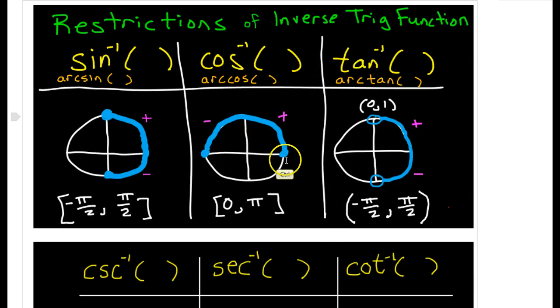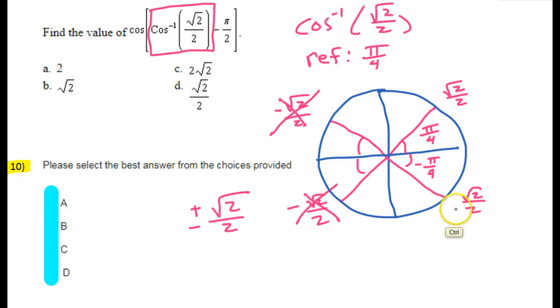So inverse cosine is only defined on the top half of the unit circle. So therefore, I can ignore the negative pi over 4 and just go with the positive pi over 4, all right, because we have to stay in the top half of the unit circle. So that means that the inverse cosine is pi over 4. Okay, but you really had to think through all of this.